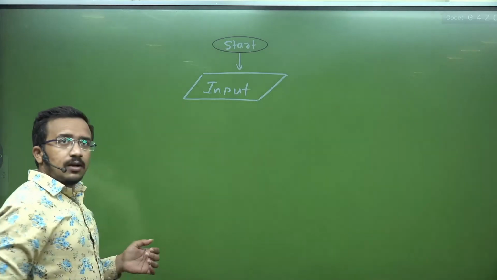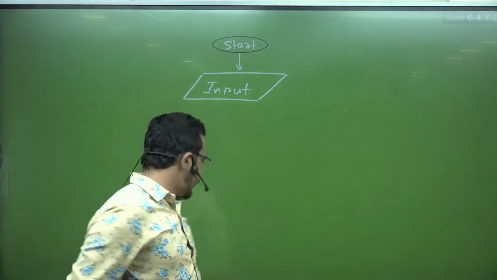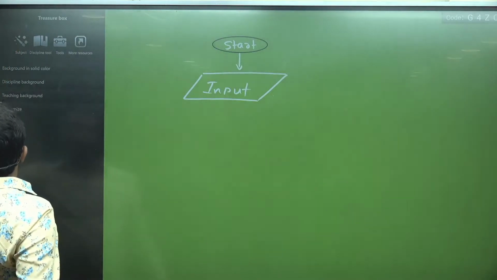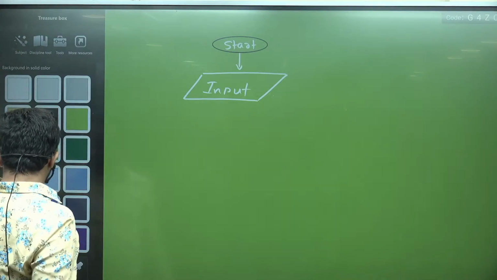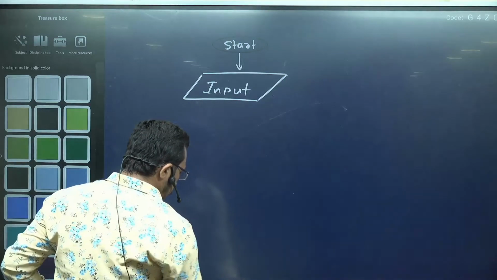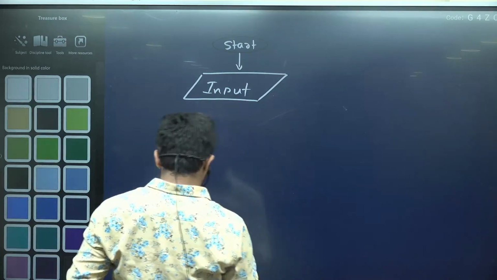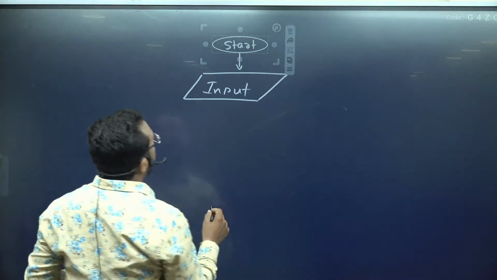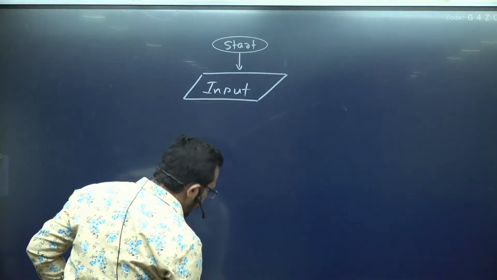Are you able to see this or do I need to change the background? Recently I just changed it, and here I have the shape. Okay, then input, the next step.